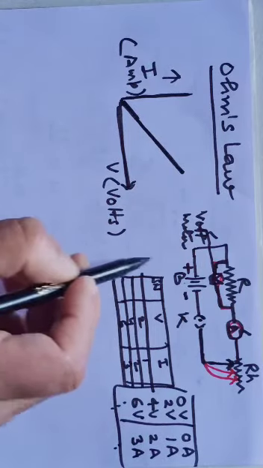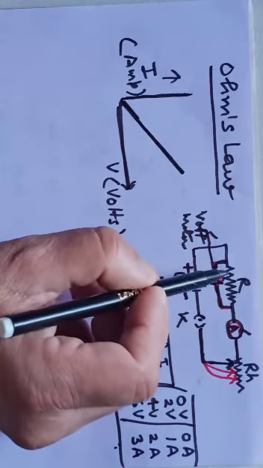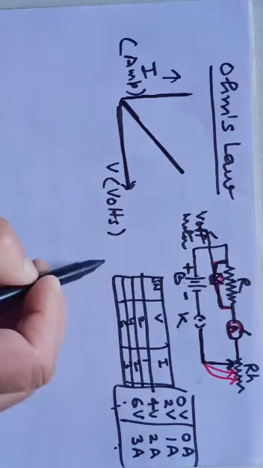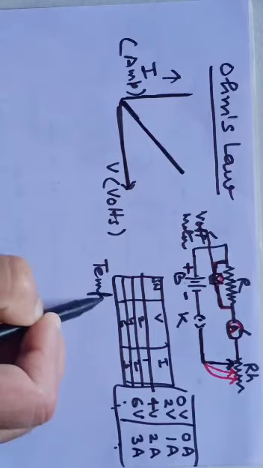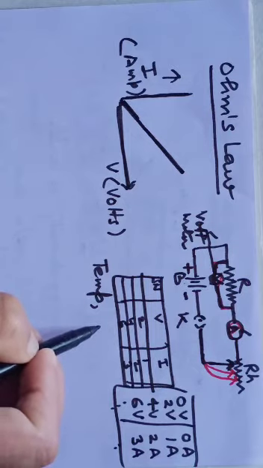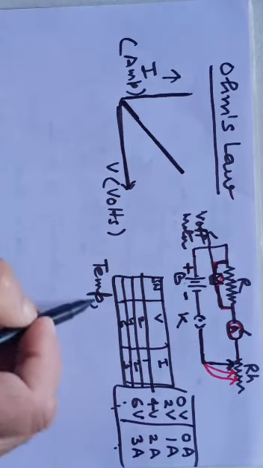The condition is that the physical condition of the resistance does not change. Physical condition is temperature does not change, chemical composition also, the state also, density also.